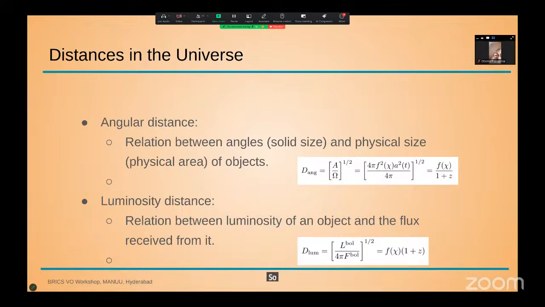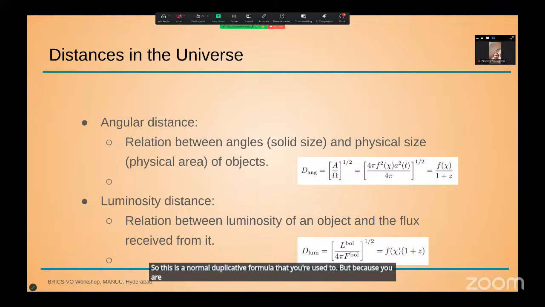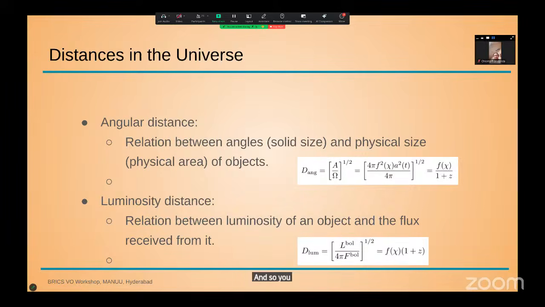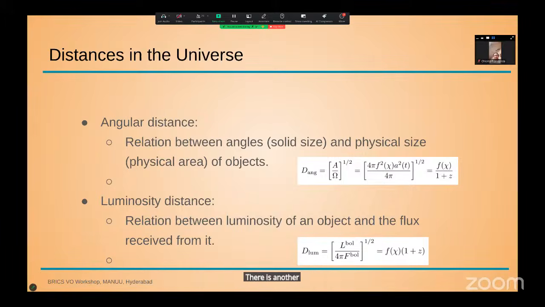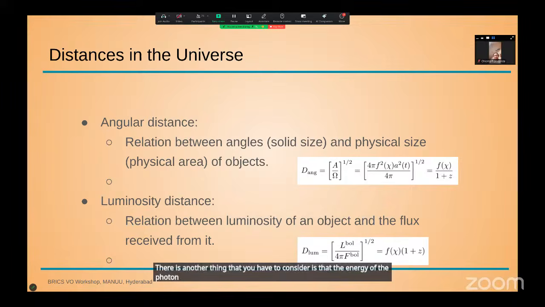This is the normal Euclidean formula that you are used to. But because you are not in Euclidean space, and space is expanding and contracting, things are going to change. So you can calculate what it does by understanding how these areas are changing as a function of time. There is another thing you have to consider: I told you that the wavelength of the photon increases.